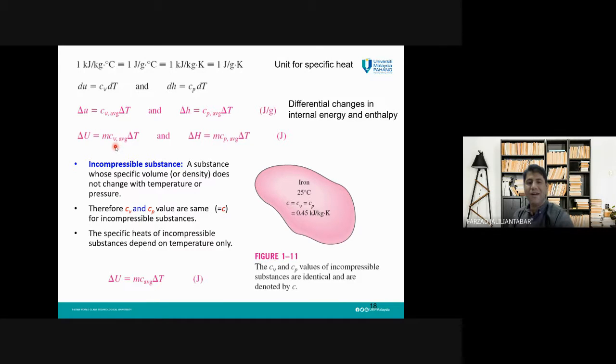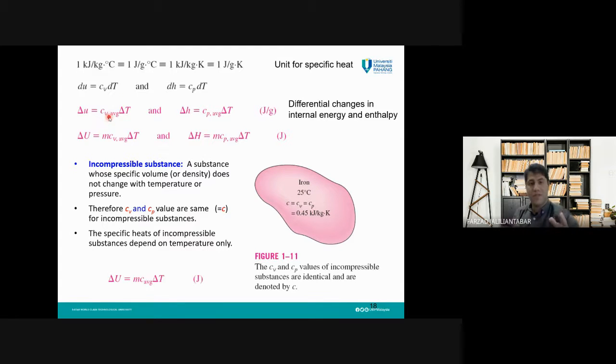Also, this is for unit mass: delta U, the small u, small h, is for 1 kg, for example, of the system. It is the change in the internal energy due to the change in the temperature of the system for 1 kg.